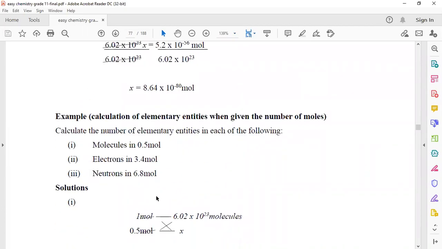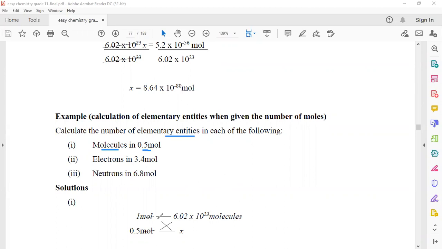Sometimes you can be given the number of moles and asked to find the elementary entity, like in the example that we have right here. Calculate the number of elementary entities. So how many molecules can be found in 0.5 moles? So it's simple and straightforward.